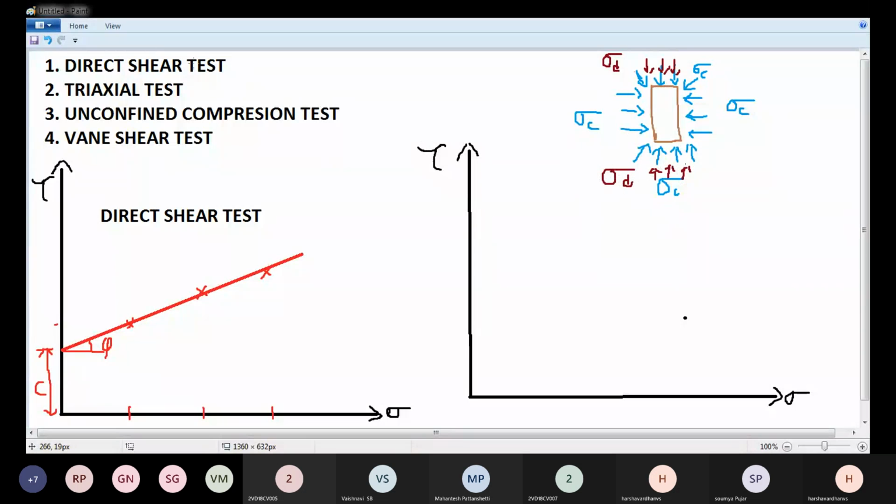So in vertical direction, both deviator stress and cell pressure are acting, and in horizontal direction, only cell pressure is acting.